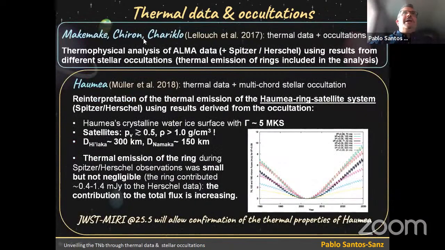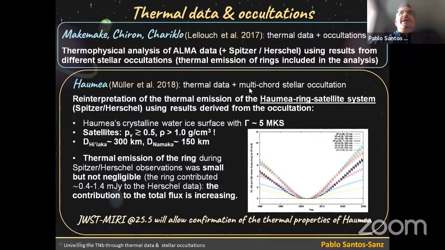Again, for Makemake, Chiron, and Chariklo, using ALMA data and information from stellar occultation, we constrain things and could obtain more information, including, of course, the thermal emission due to the rings for Chariklo and also the putative rings of Chiron. For Haumea, we did something also similar.